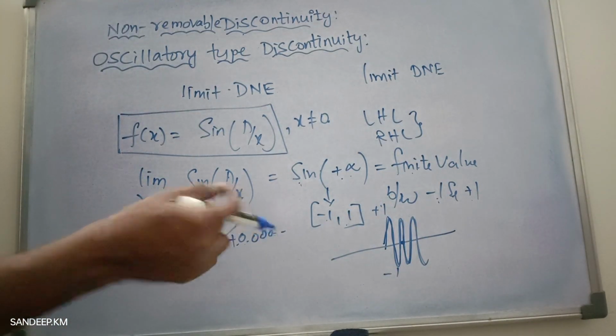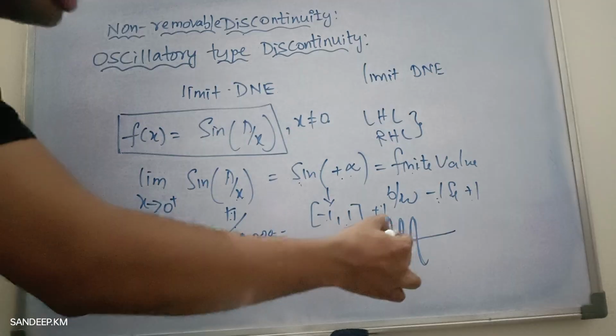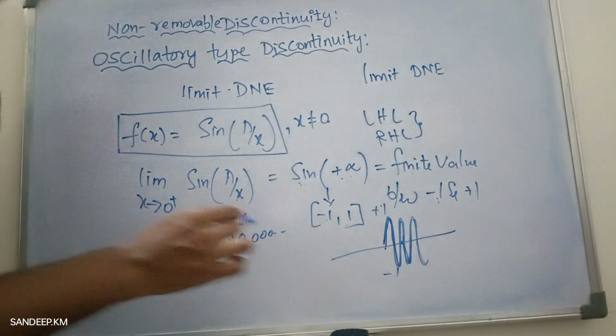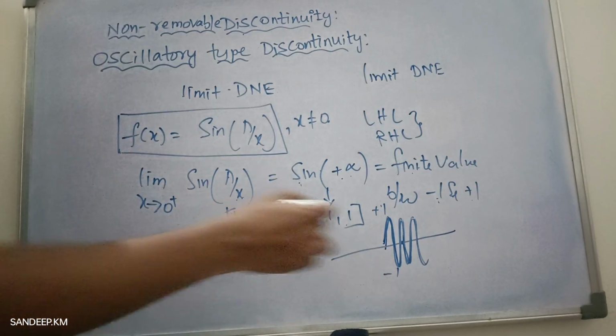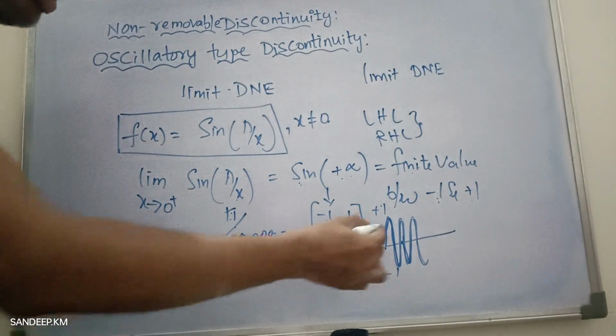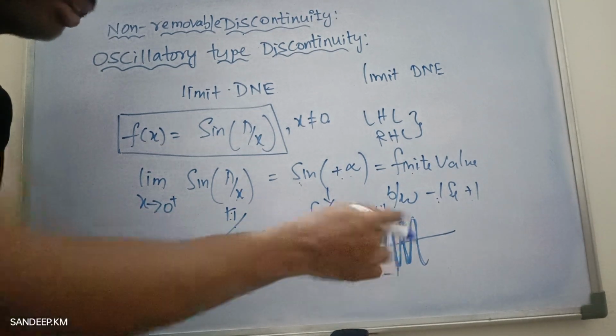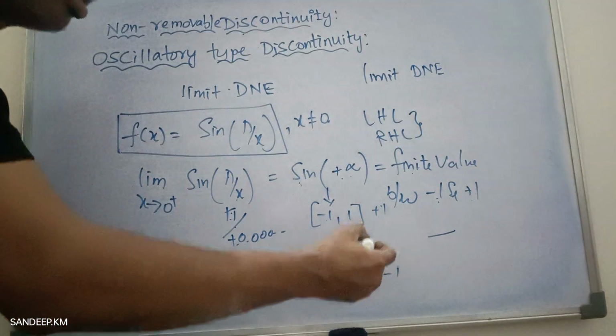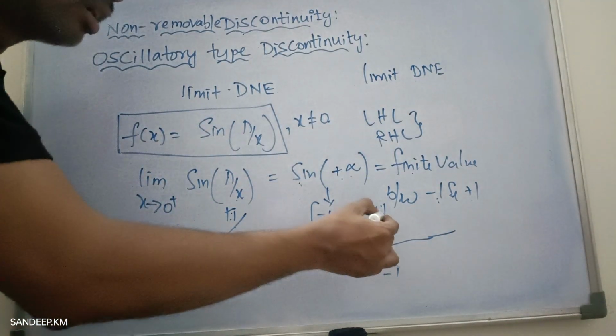It doesn't take any fixed value. Don't think, sir, you can draw it continuously, so why are you saying it is discontinuous? You might think like this, but it toggles in such a way that you cannot see any continuity between this point and this point. Let me show how the graph will be, like this.